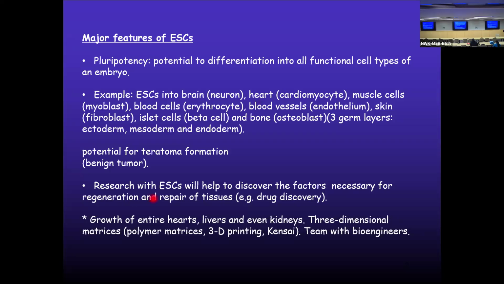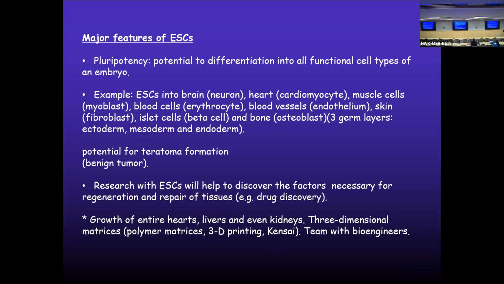So research with embryonic stem cells will help to discover the factors necessary for regeneration and repair of the tissues. So we could use the embryonic stem cells not just to inject into a mammal, for example, but we can do drug discovery. We could do many different things. We can grow entire hearts.